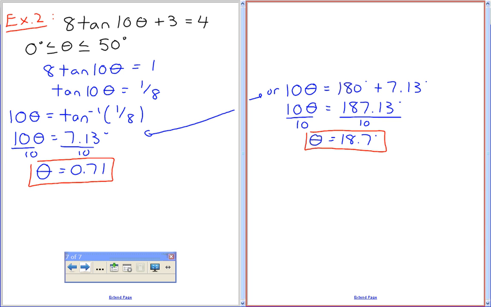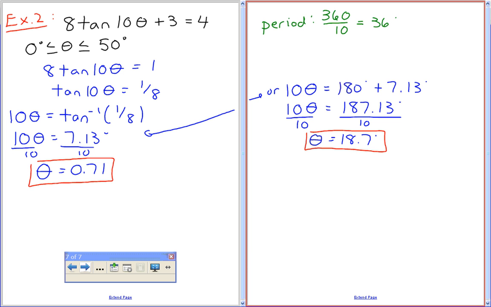Shelby, what do I do now? No, not quite. I heard a few people saying add the period. Now, Shelby, what's my period going to be in this case? Close.